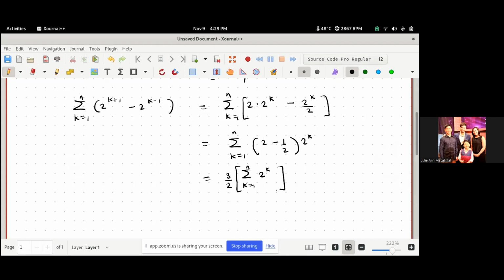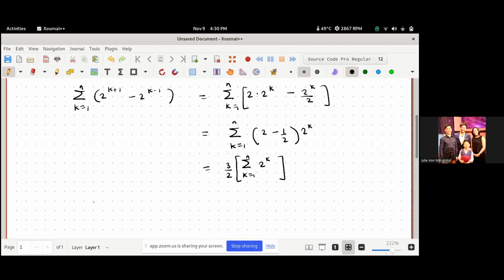Okay. Kilala mo ba yung sum na to? Hindi po. Sige. So, tingnan natin itong ano. So, we'll consider this. Isusulat ko siya as 3 halves.